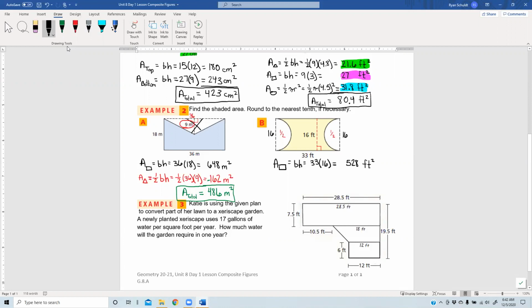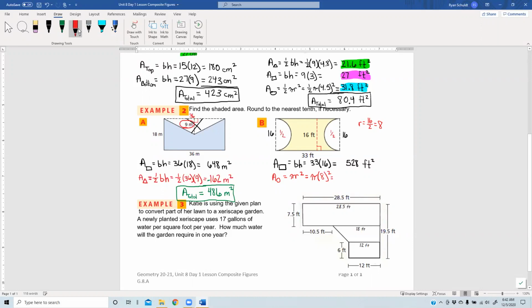But now I need to take away a whole circle. So area of a circle, of course, is pi r squared. Pi times, what's our radius? Radius is going to be 16 divided by 2, which is 8.